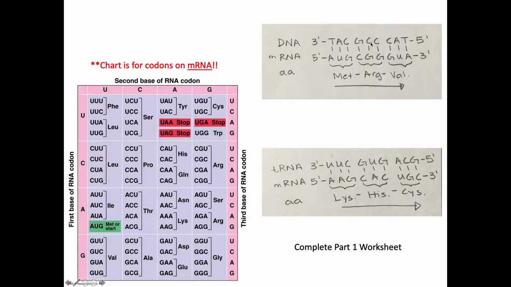So we have this DNA sequence, and our next step before we can use this chart is to find the mRNA sequence. Well, since we have a 3' here, our mRNA has to start with our 5' end. And then now we just use the base pairing rule to find the sequence. So what will base pair with thymine?